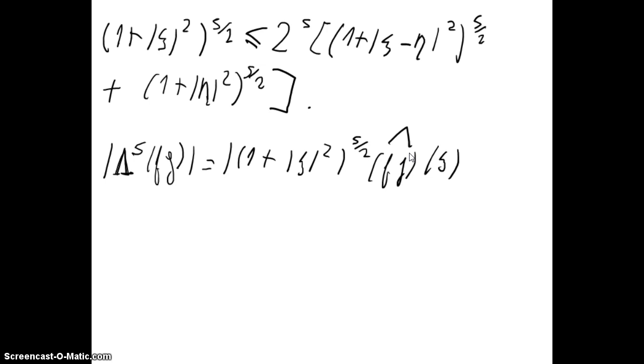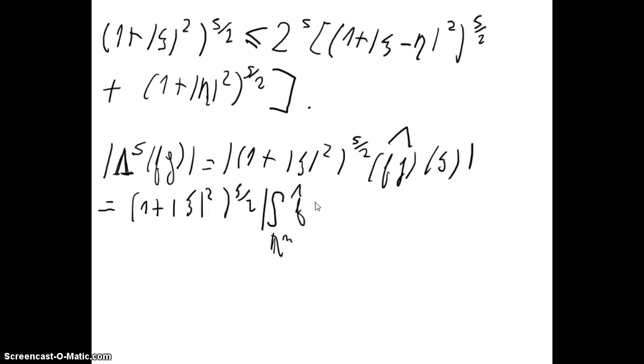Okay, so this will be equal to (1 plus |psi|^2)^(s/2), and now recall that this can be the convolution of transforms, and so here we will have to multiply by the absolute value of the integral in R^n of f transform (psi minus eta), g transform (eta), d eta.